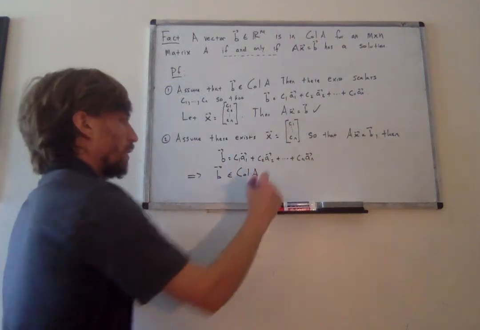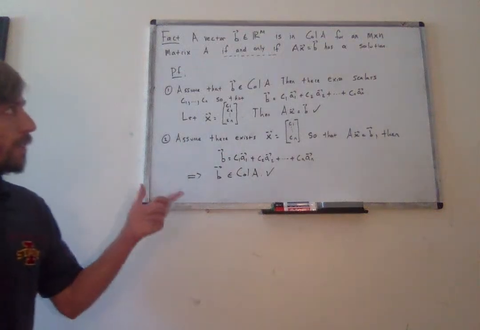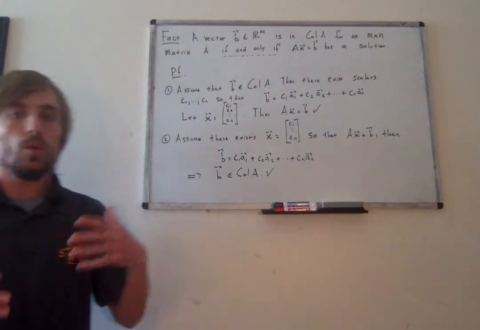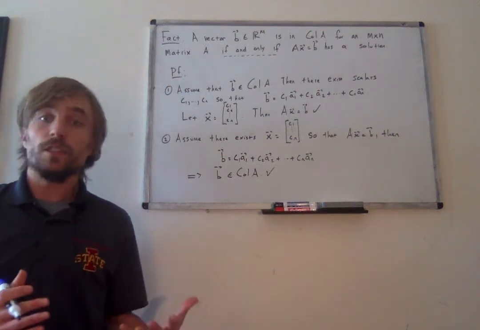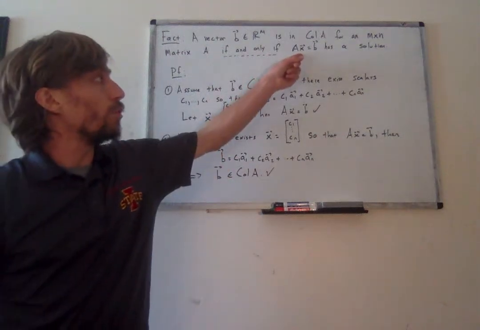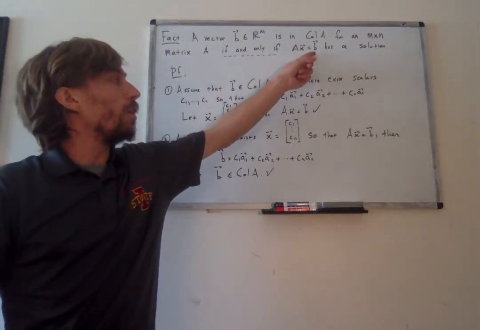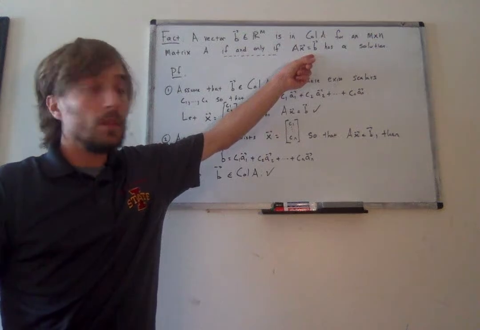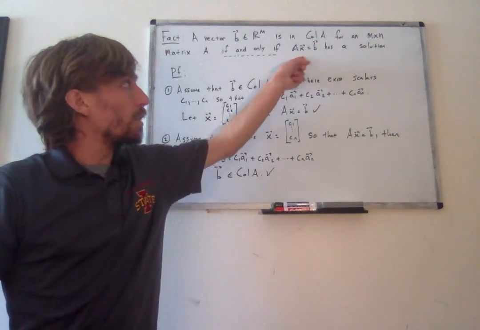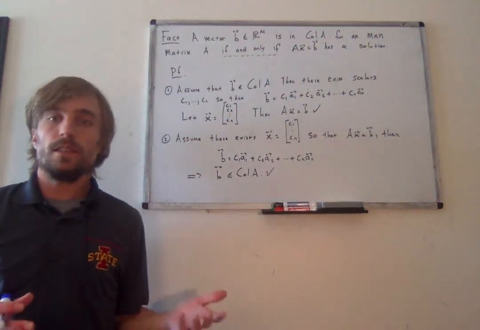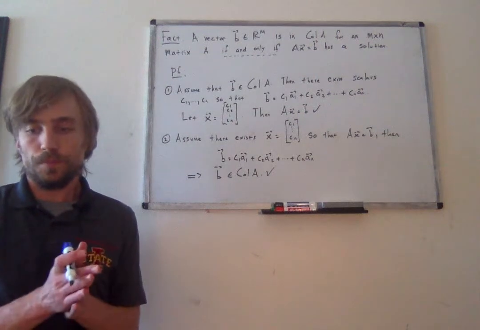So this was just a slightly more detailed way of saying that the column space of A is the set of all vectors in Rm for which this matrix equation is consistent, that is, has a solution.